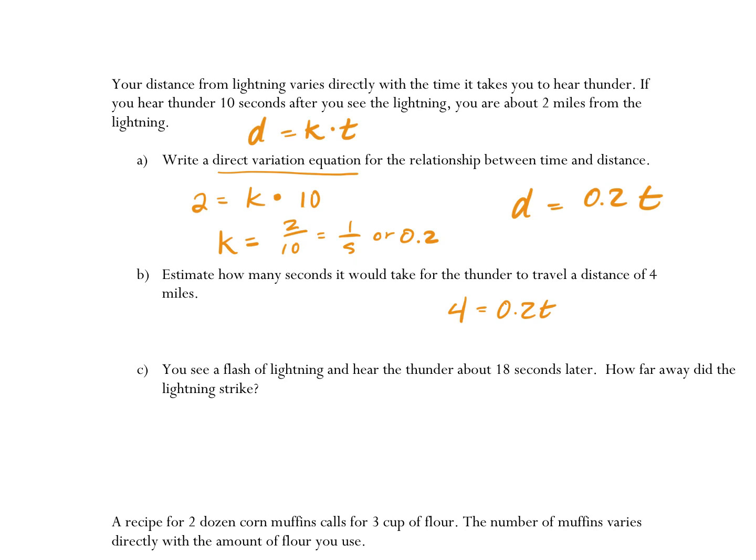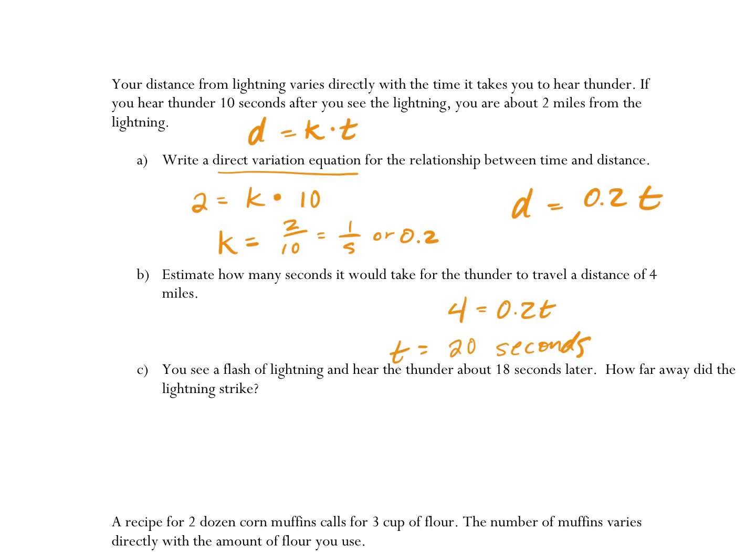Hopefully we're getting 20 seconds. And guys, does that make sense? If it does 2 miles in 10 seconds, it's going to take twice as long to go 4 miles. Okay? All right.